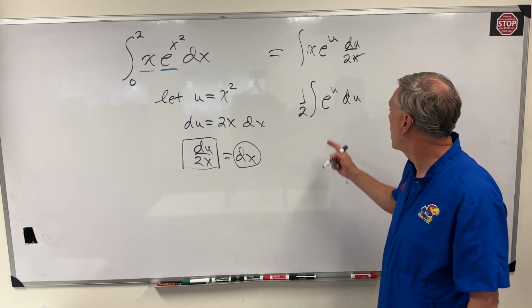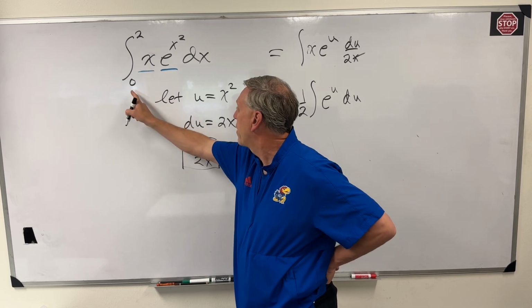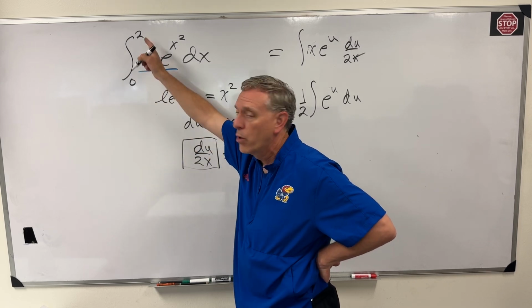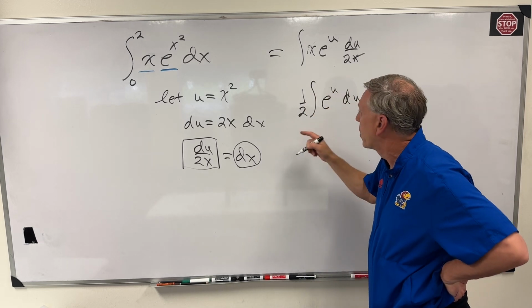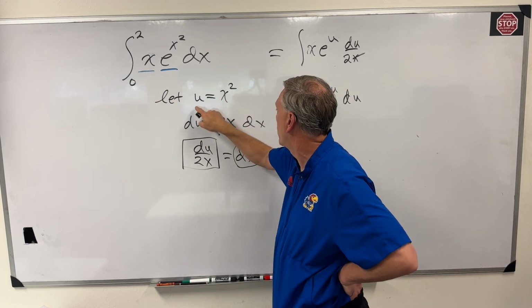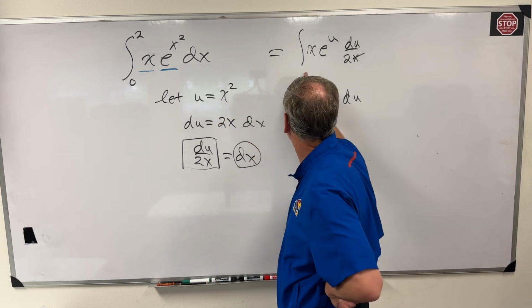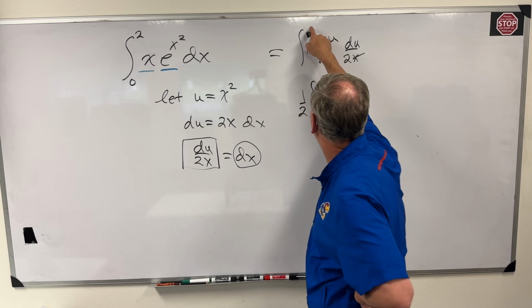Now again, if we were going to use u, we would have to convert 0 and 2 to be 0 to 4. We could do that. That's fine. So if we did that, I'm going to put 0 in here, 0 squared is 0. And then if I put 2 in there, I get 2 squared, that's 4. It'd be 0 to 4.